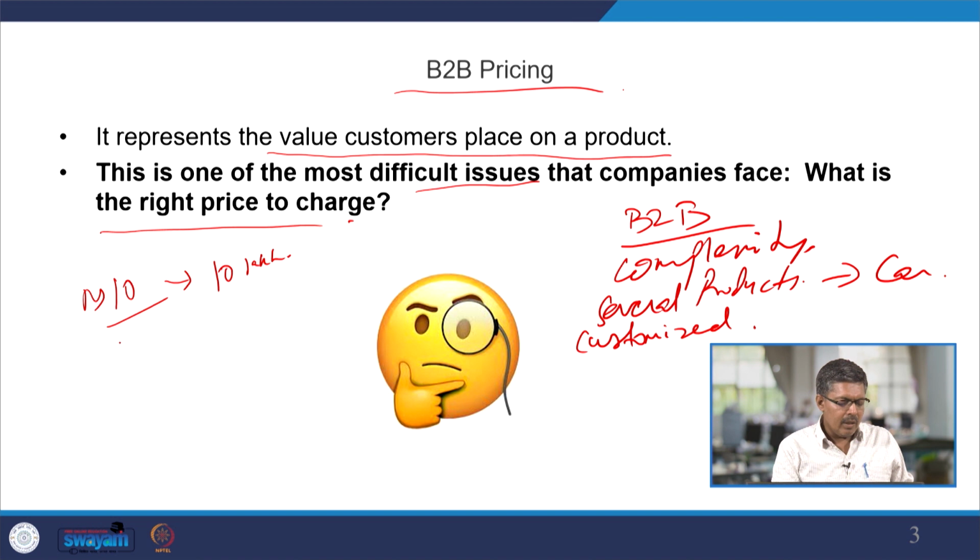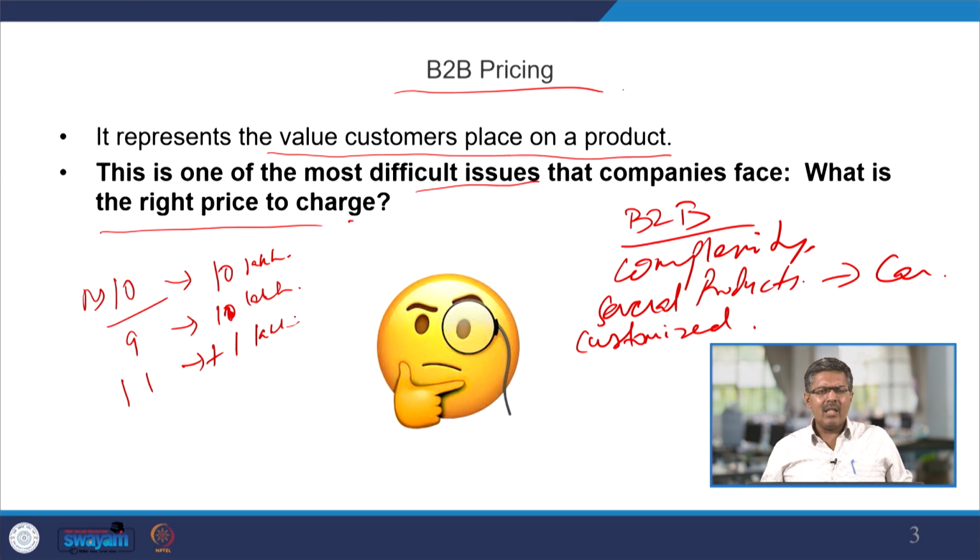If I place it at 9 rupees or 11 rupees, what happens? At 9 rupees I am losing 1 lakh, and if I keep 11 rupees, I am gaining plus 1 lakh. So we can imagine that what looks very innocuous or harmless to us can have a profound effect.